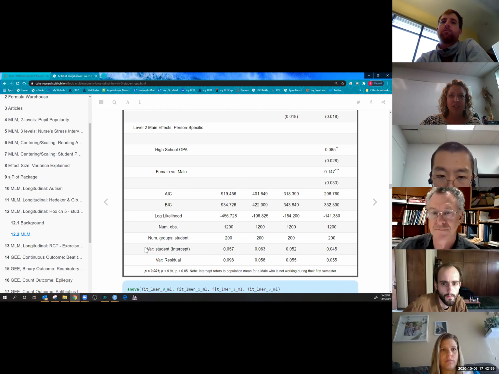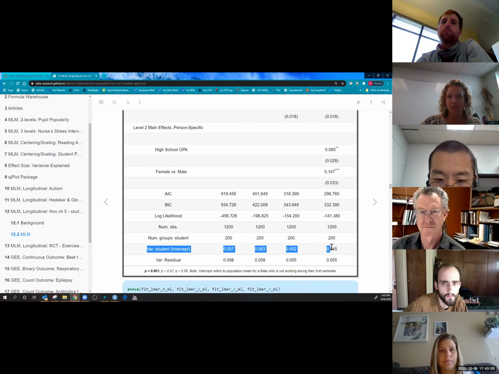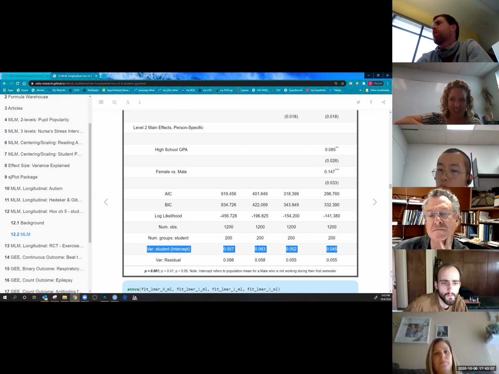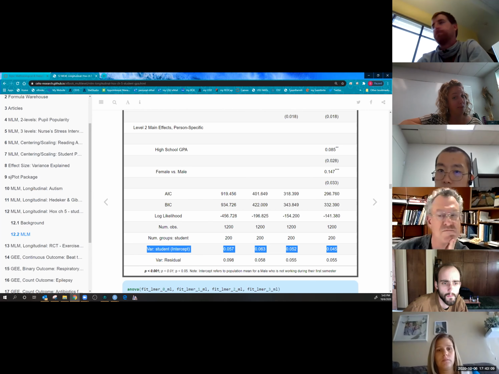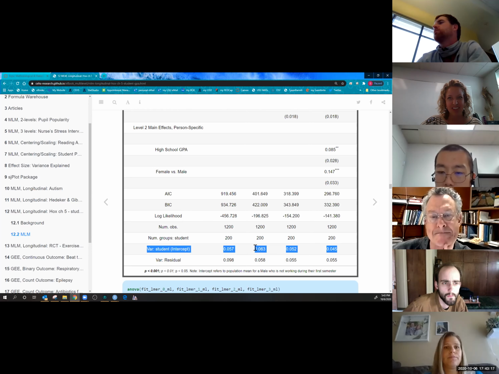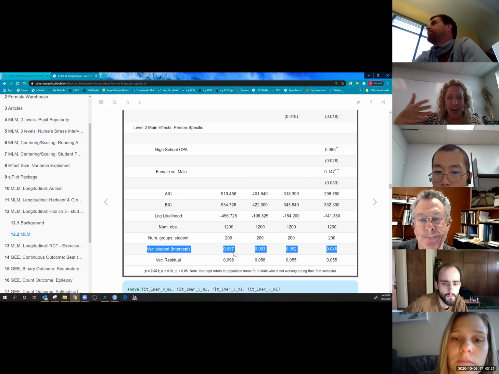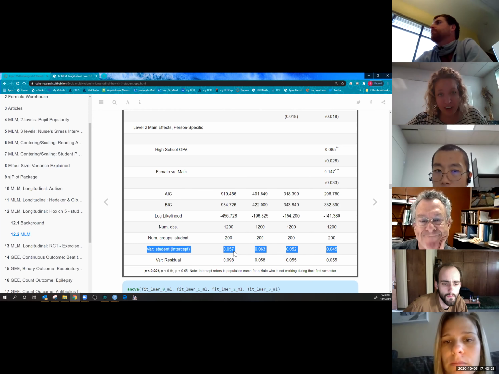What happens to the student variance in intercept? Does it go constantly down? Check this out. No. We added one variable. What happened? It actually went up. Adding a variable increased variance.